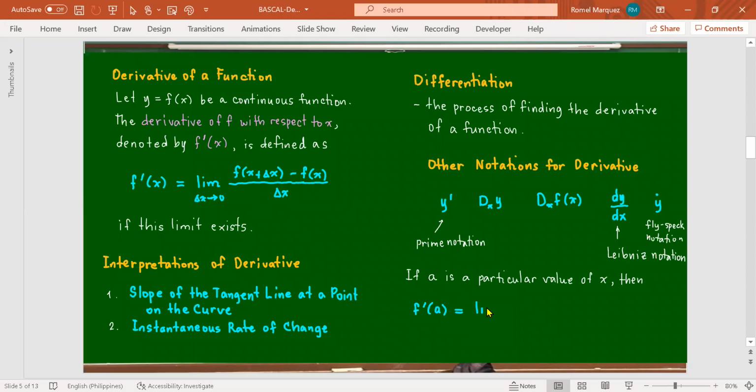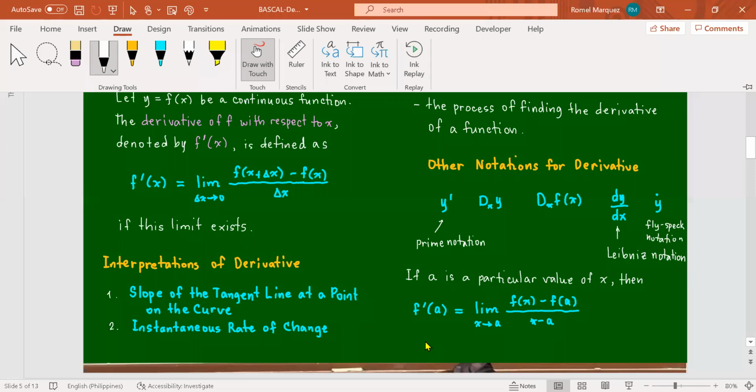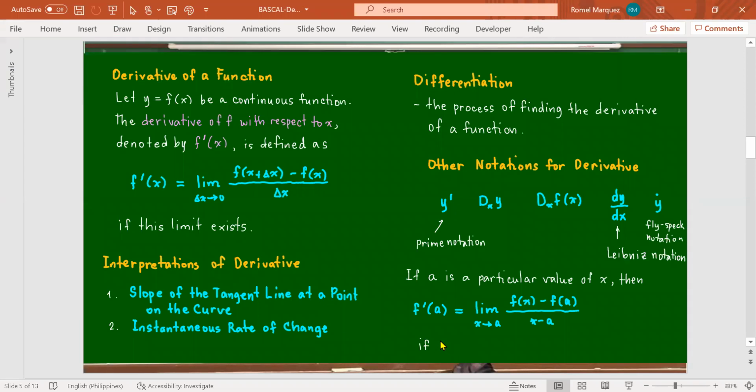Limit as x approaches a of f of x minus f of a all over x minus a. Okay? So of course, again, we assume that this limit exists.